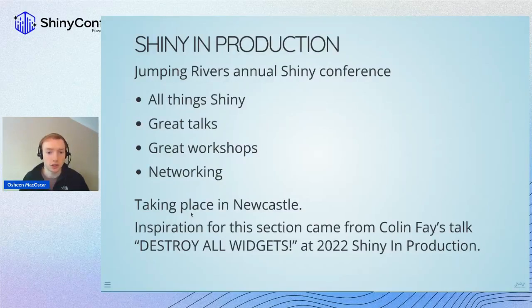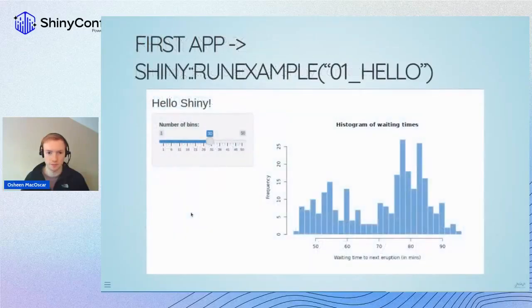We have some great talks and workshops, and it's a great place to network. And it's taking place in Newcastle in the north of England. And I'm talking about this because this section of the talk was inspired by Colin Fay's talk, Destroy All Widgets, at the Shiny in Production 22 conference, where he talked about the impact of HTML widgets on Shiny apps.